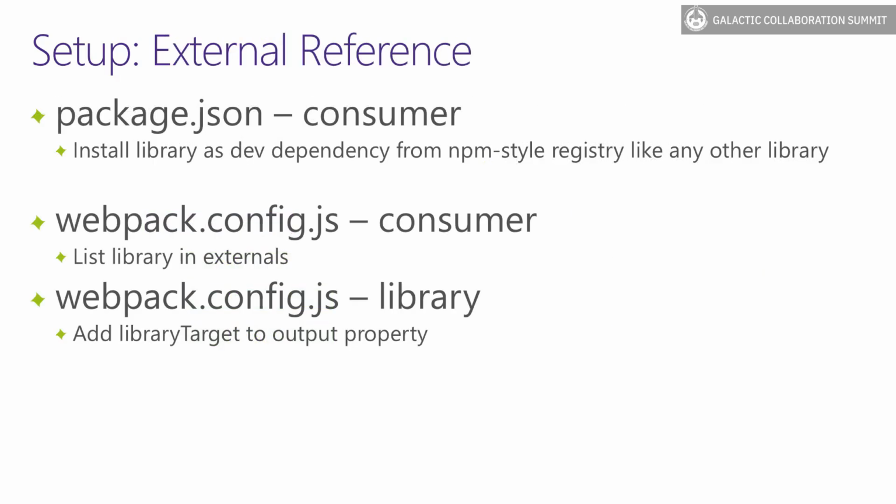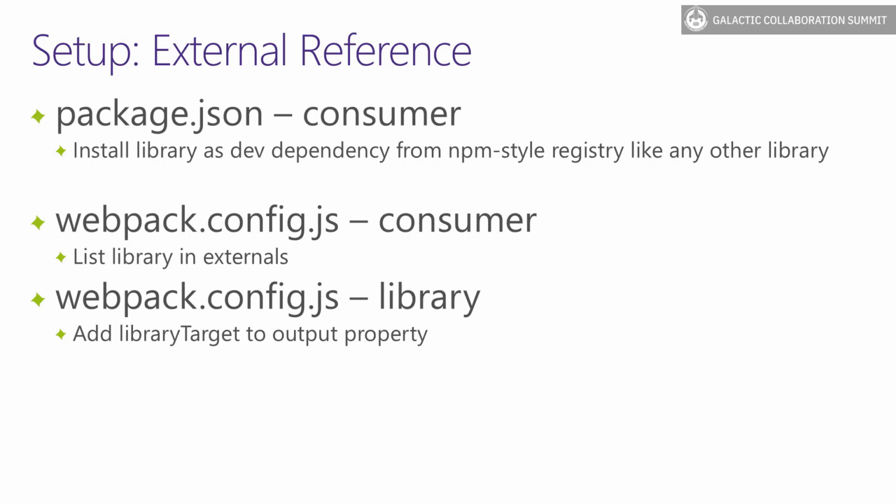Okay, so now we're going to talk about the setup for when you're going to reference your libraries as an external reference. That means we're going to host both of our Webpack bundled libraries on a CDN, and so we want to be able to reference them that way. In that case, for our consuming solution, our consuming web part or app customizer or whatever, we're going to install the library as a dev dependency from the NPM registry of our choice, just like any other library.